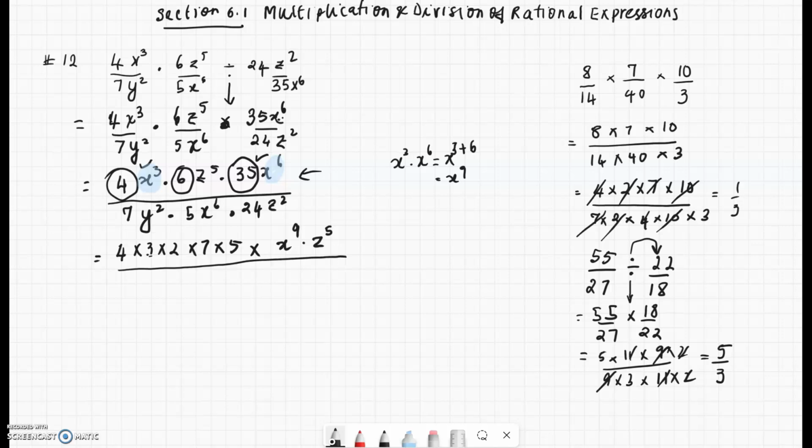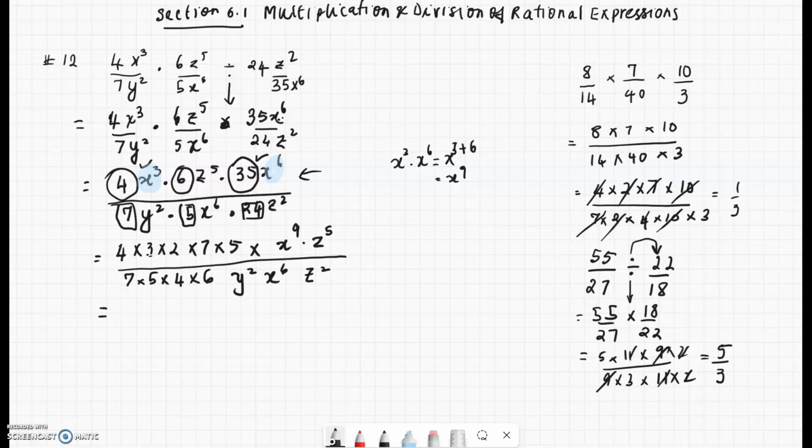In the denominator, we have 7 times 5 times 4 times 6 is 24, right? So we collected all these constants and wrote it down first. And then, of course, we have the y squared, x to the 6th, z squared.